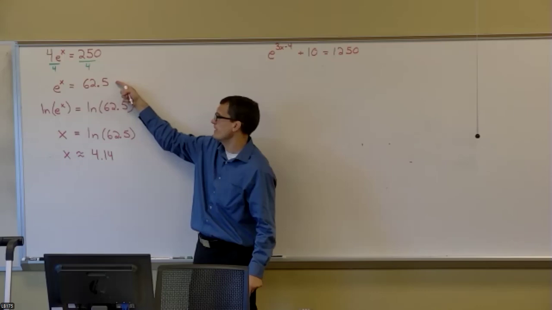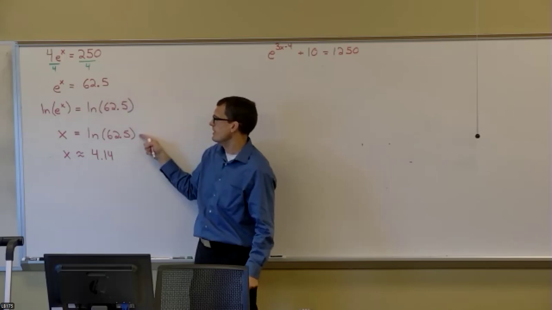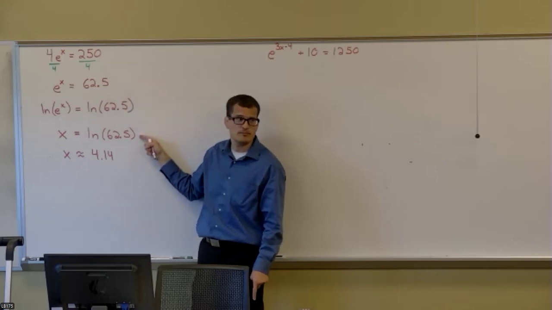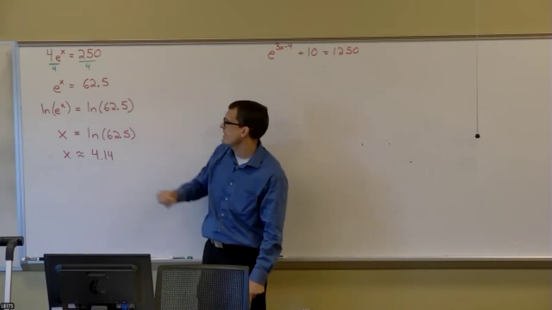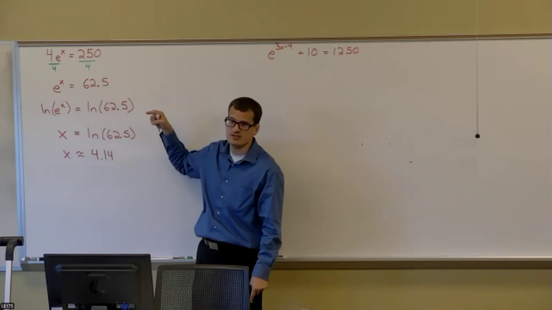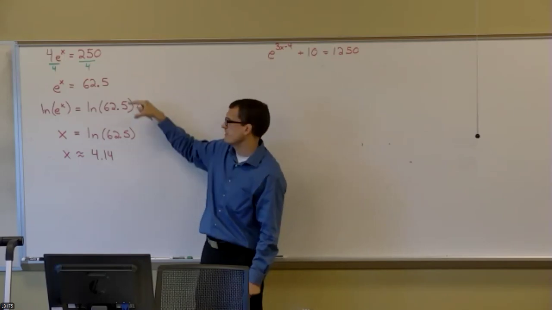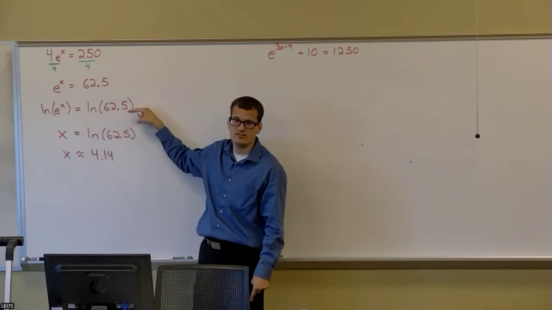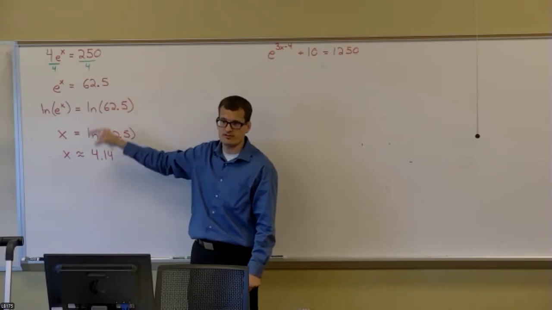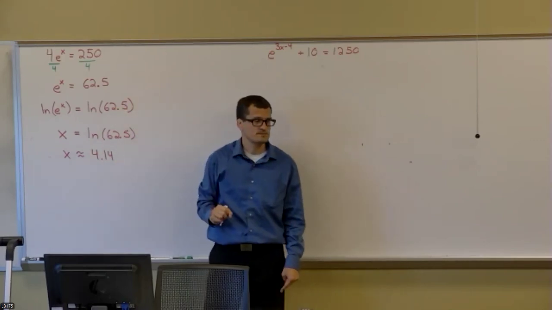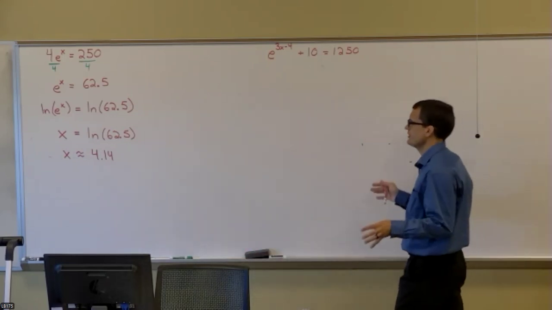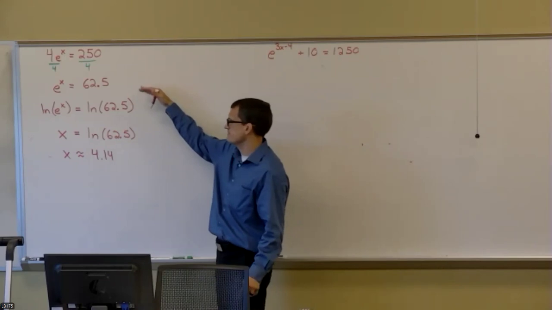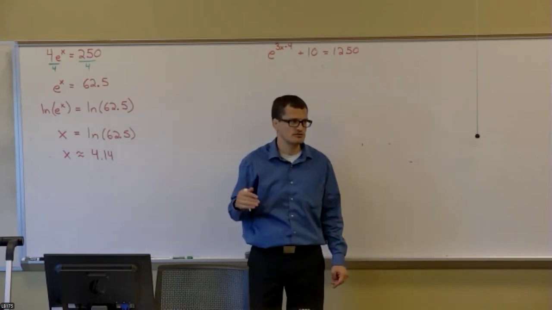One is written in exponential form, the other is written in logarithm form. But again, it's a little bit easier for me to think through just applying natural log on both sides. That gets rid of that exponent, brings it out front, down. So whichever way you like, you can do that. I'm just going to apply logs to both sides most of the time.